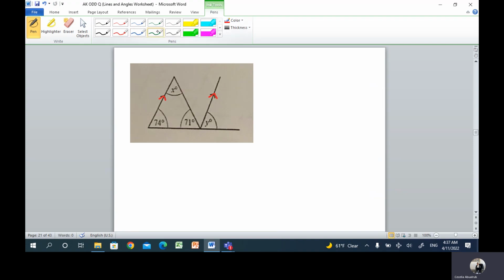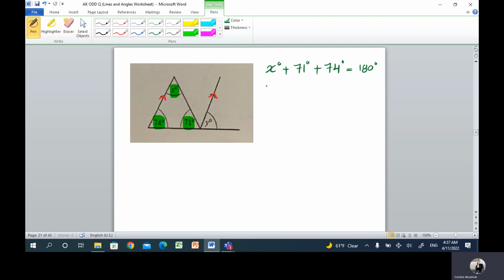But before that, we can see that X and 71 and 74 are angles in a triangle. Accordingly, we're going to say, start with the unknown, X plus 71 plus 74 is equal to 180 degrees.